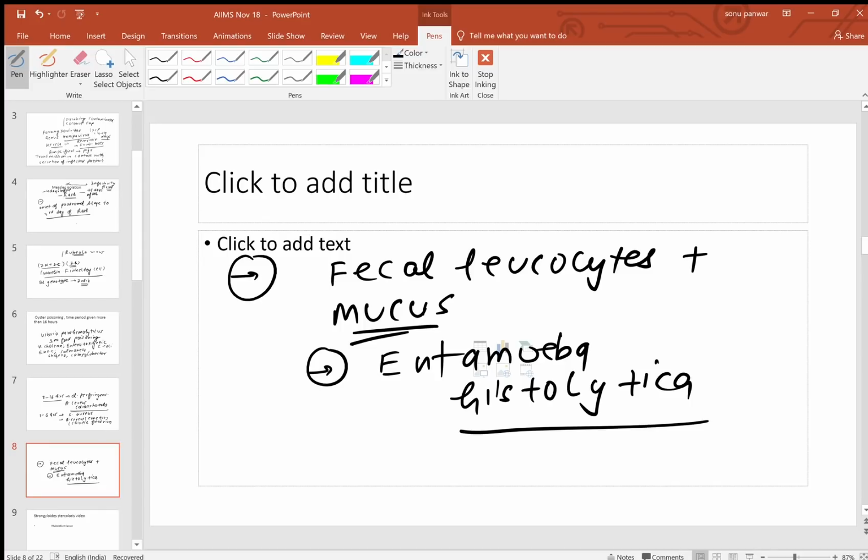So remember that this one is one of the parasites which relates to this, that there will be leukocytes, and along with that you might get pus, that is the leukocytes along with mucus and all. Fine. So this might be the answer there, that is Entamoeba histolytica in that particular diarrheal one.